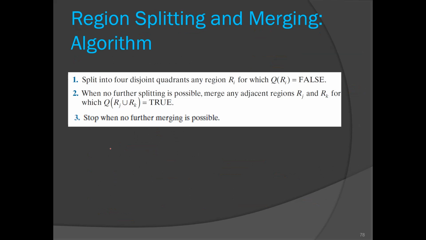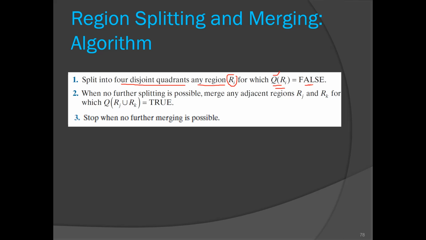So what is the algorithm? Split the image into 4 disjoint quadrants any region R_i for which the criteria Q is false. So R_i is not satisfying that criteria, and we are representing the criteria by Q here.